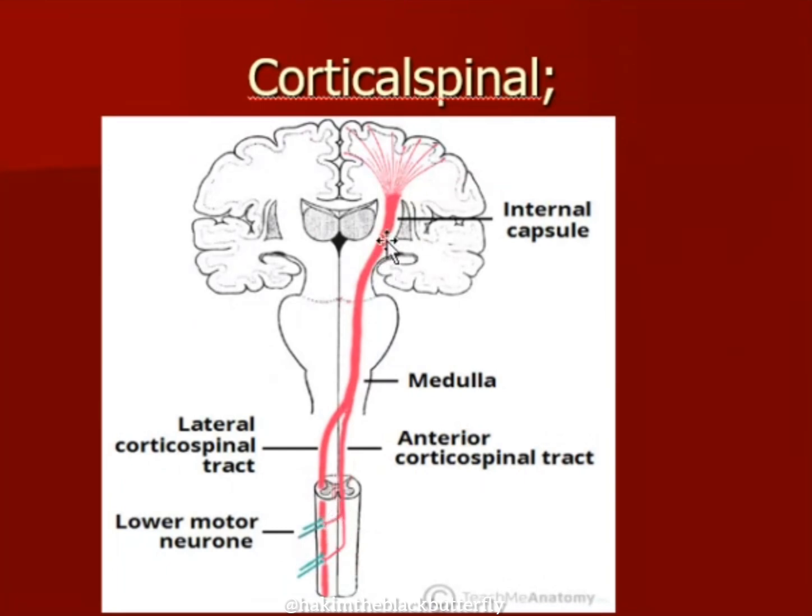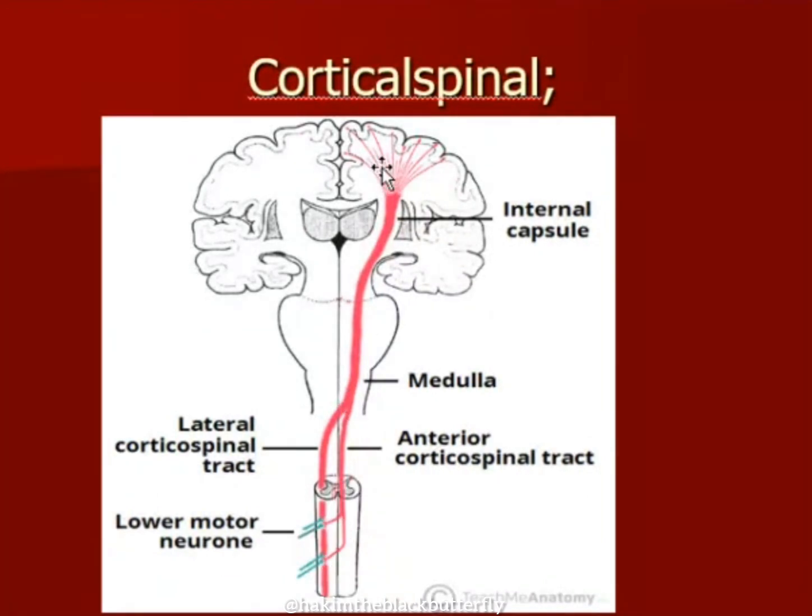So the lateral crosses to the opposite side, but at the end of it all, the anterior, which remained on the ipsilateral side, will also decussate and move to the opposite side.